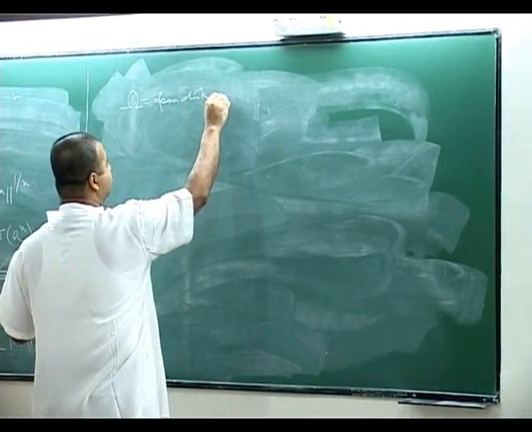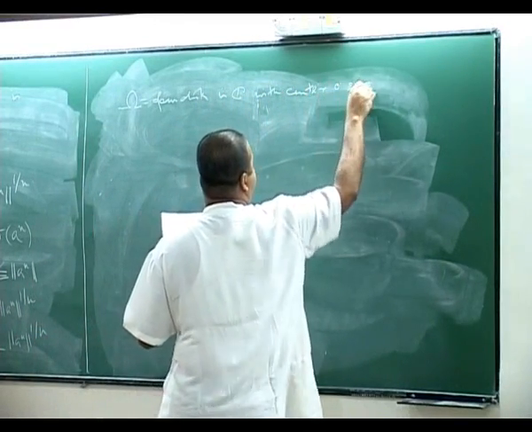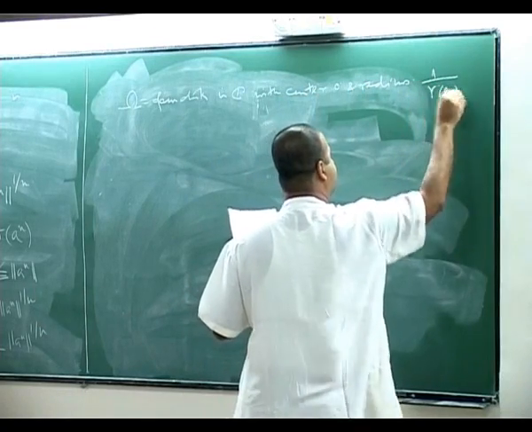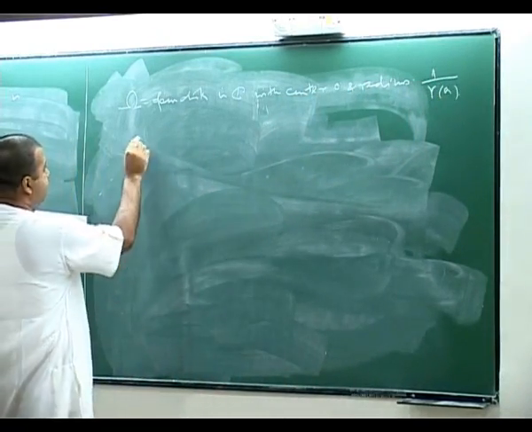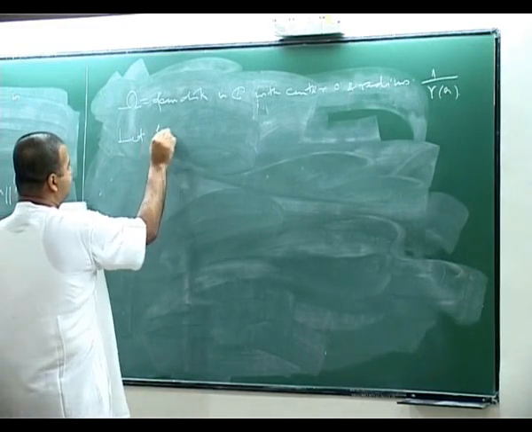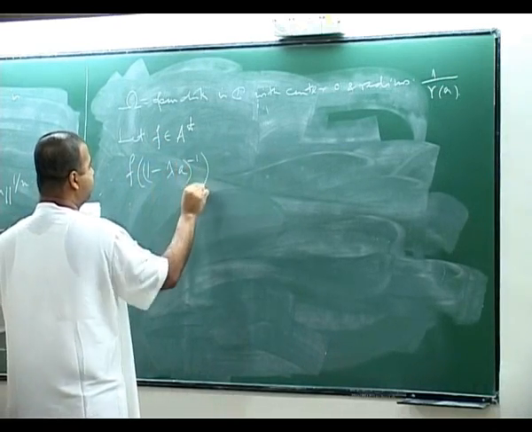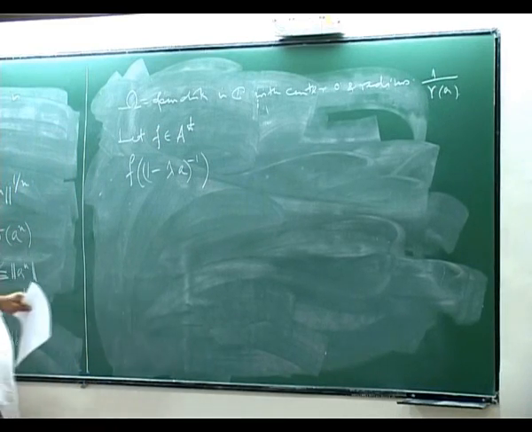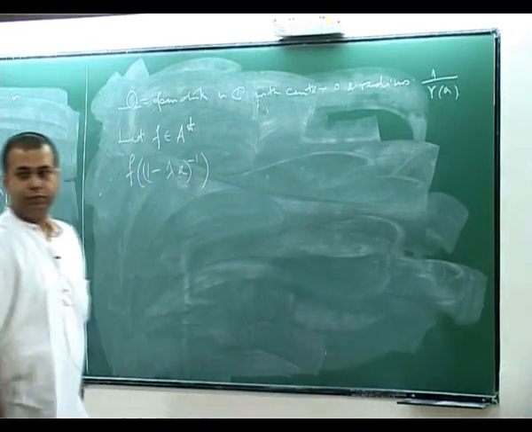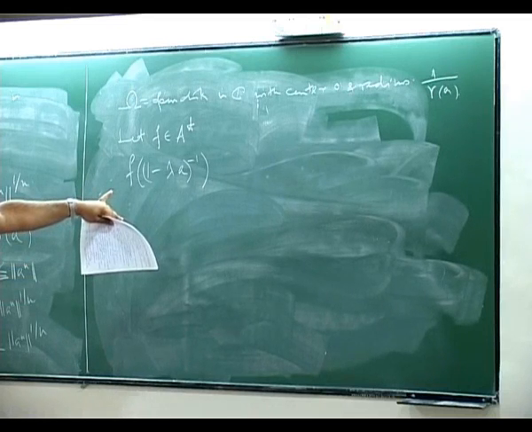Open disk in C with center 0 and radius 1 by R(A).